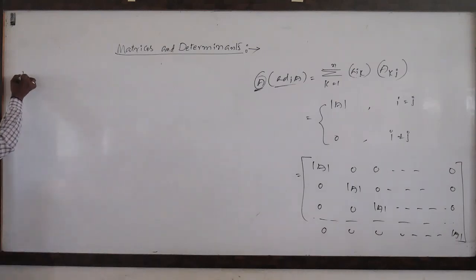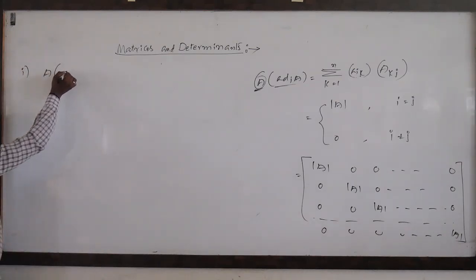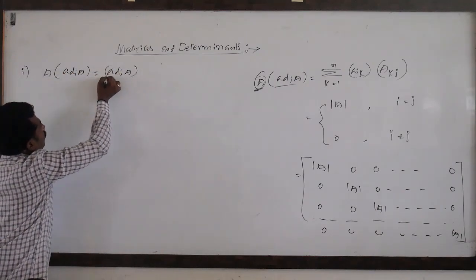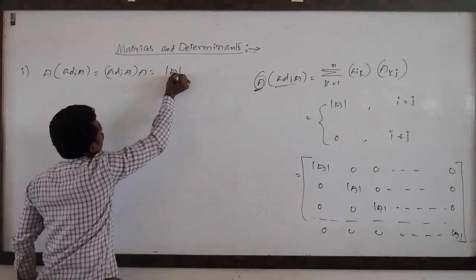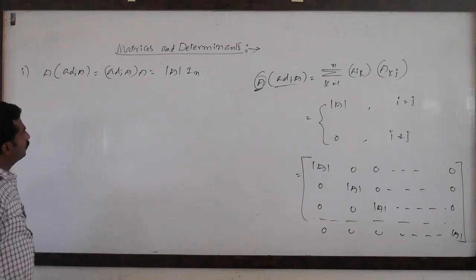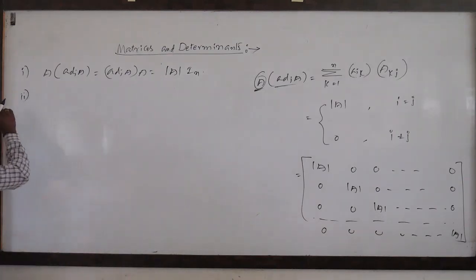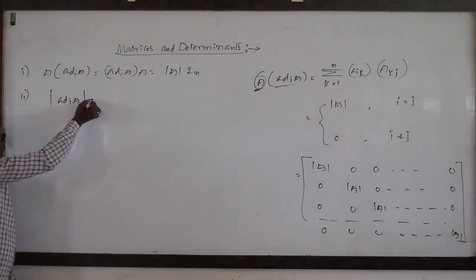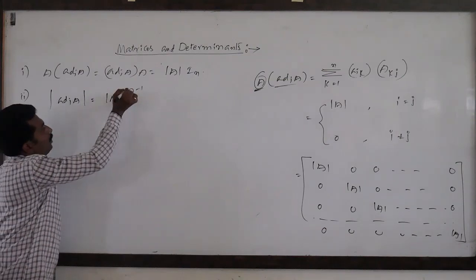This is the base for all the remaining properties. See here: A into adjoint of A equal to adjoint of A into A equal to determinant of A into I_n. Now the second property: determinant of adjoint of A equals det A whole power n minus 1.